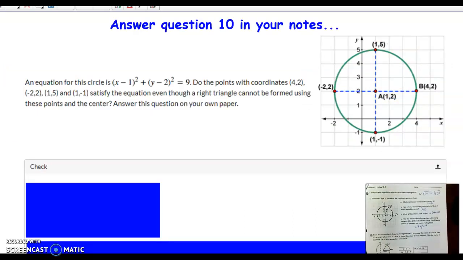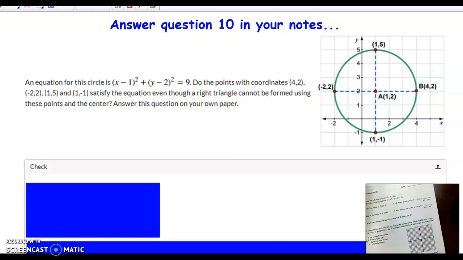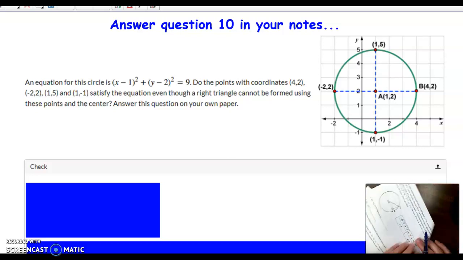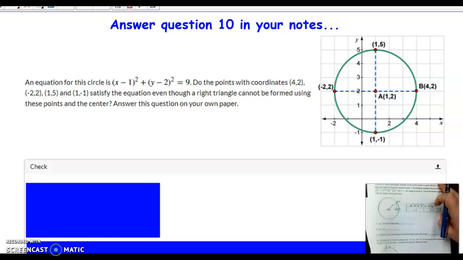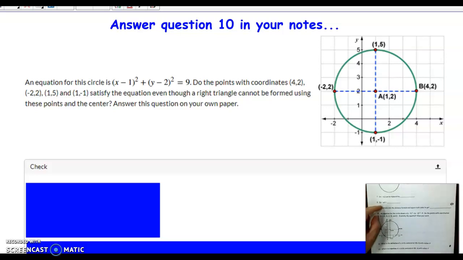So let's look at question 10 in our notes. It says an equation for this circle is x minus 1 squared plus y minus 2 squared equals 9. Do the points with the coordinates 4, 2, negative 2, 2, 1, 5, and 1, negative 1 satisfy the equation?